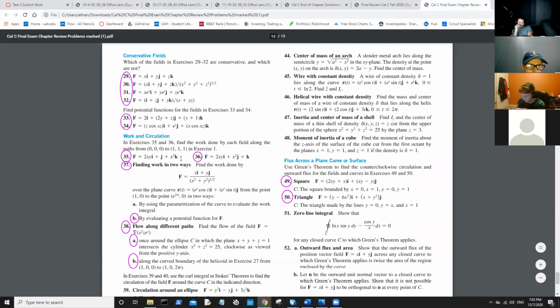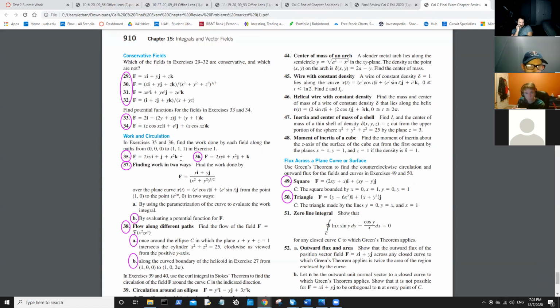We have an x squared y, and a z times x squared, plus c. So is it 2x? Yeah, it's x squared y plus y plus x squared z if we're looking for the potential function.